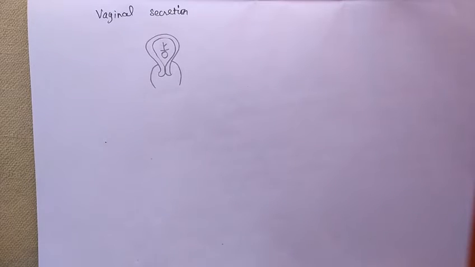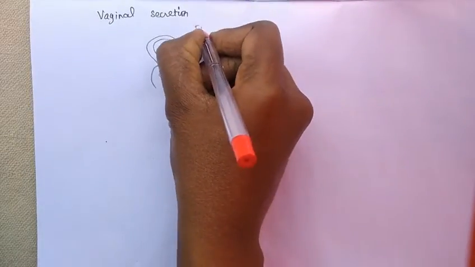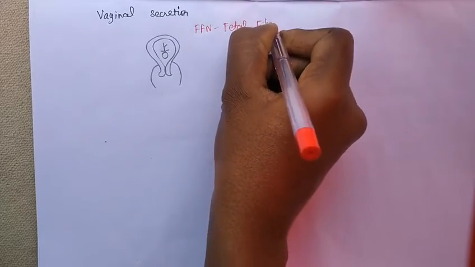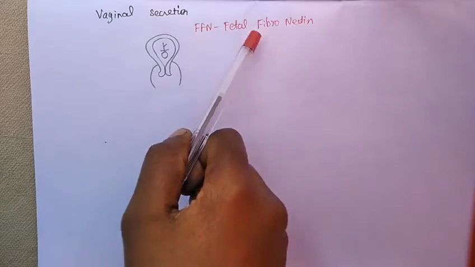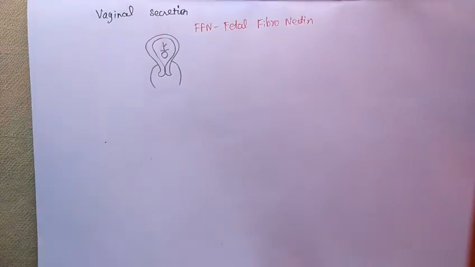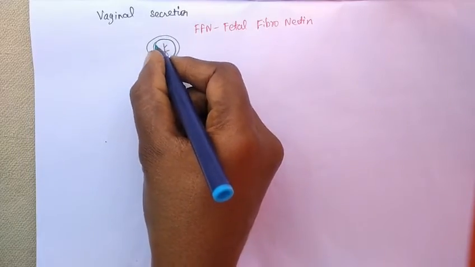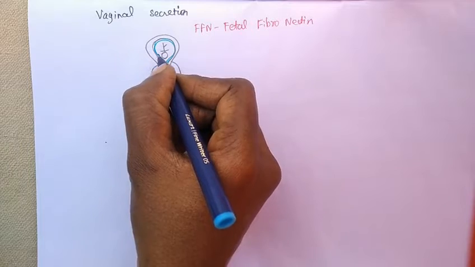You can predict preterm labor in the vaginal secretion, and FFN is the fetal fibronectin. This fetal fibronectin is the glue which sticks the amniotic sac here. FFN is seen between the uterine wall and the sac.